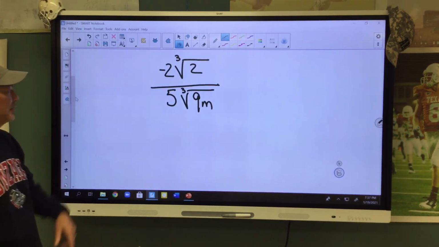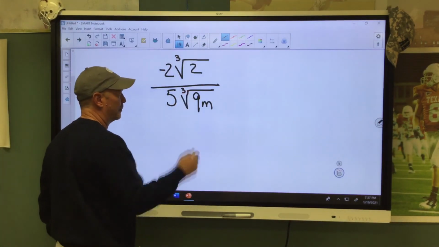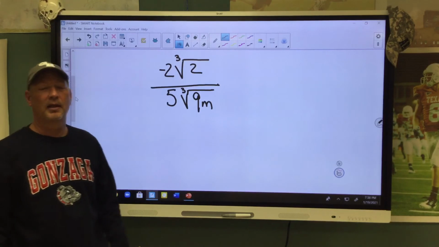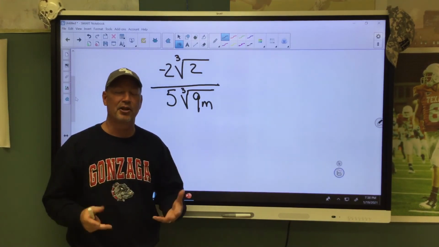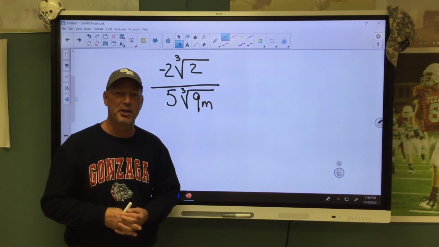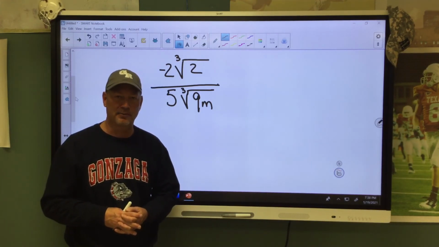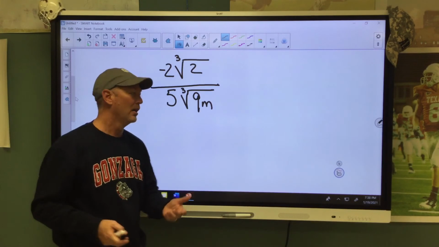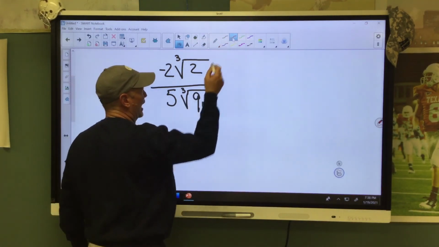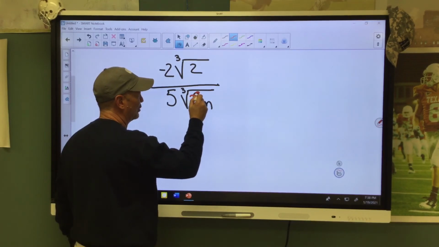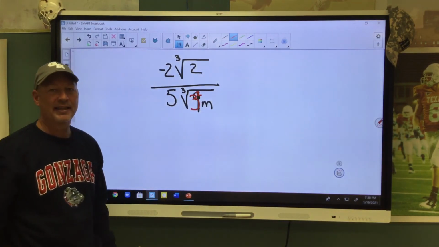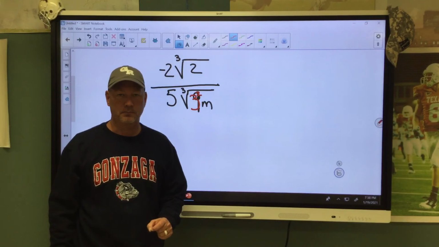This is what we have to simplify. Put on your creative hat again. Put on your thinking cap. Is there another way that you know how to write the number 9 as an exponent? Hopefully you can see that I can write the number 9 as 3 squared, 3 to the second power. That's the equivalent of 9.